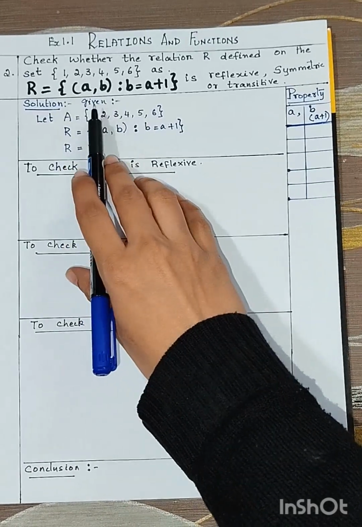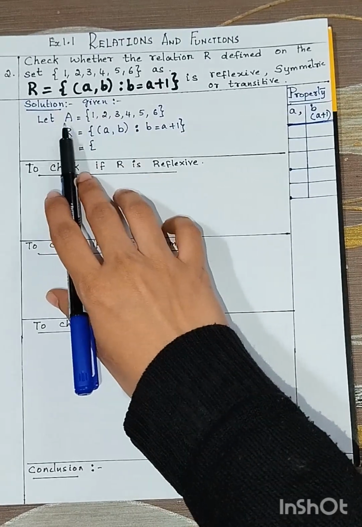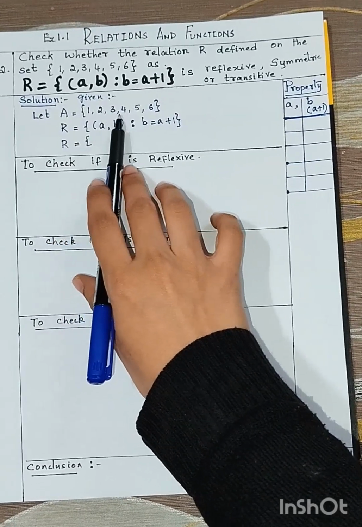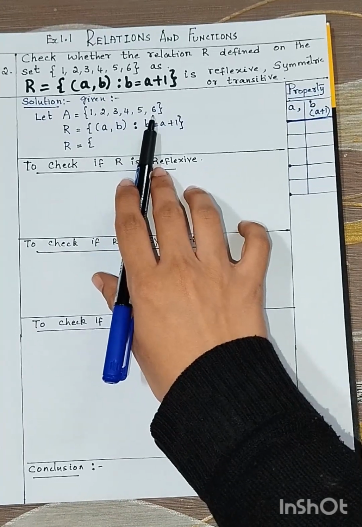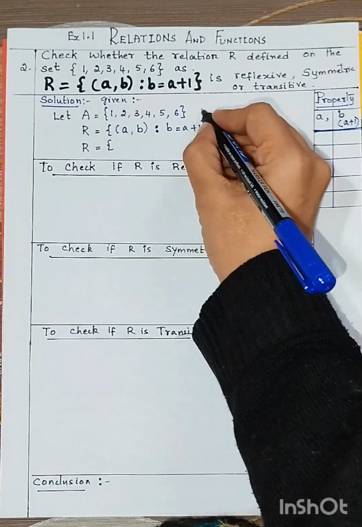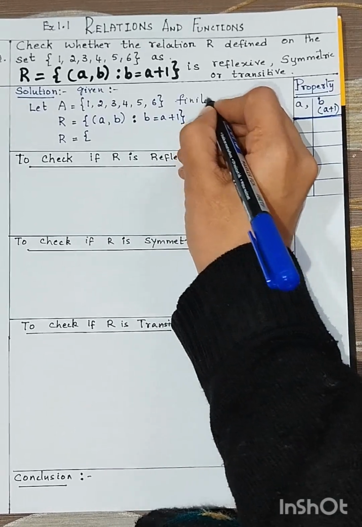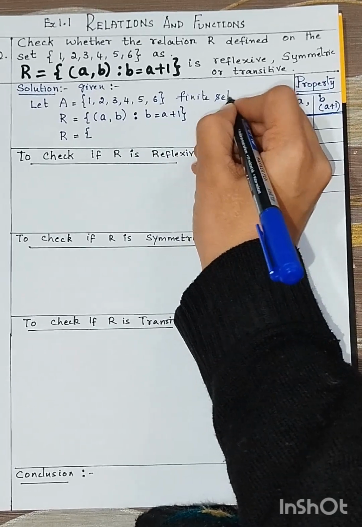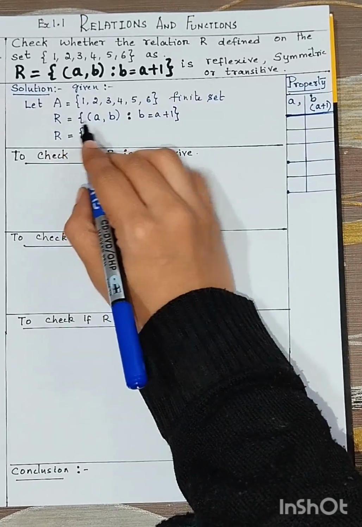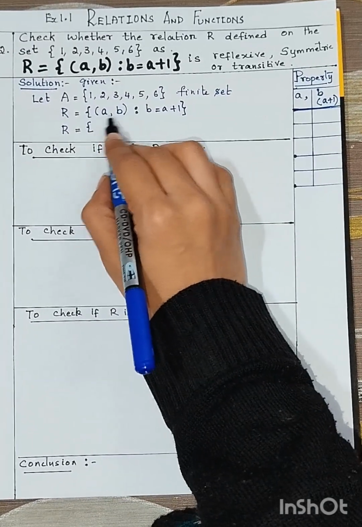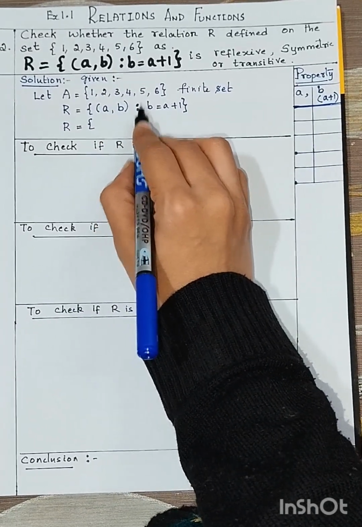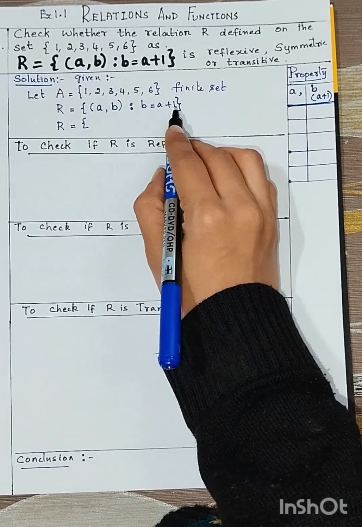Solution. Given, let A equal to {1, 2, 3, 4, 5, 6}. So this is a finite set. And relation R is equal to the set of all ordered pairs (a, b) such that b is equal to a plus 1.